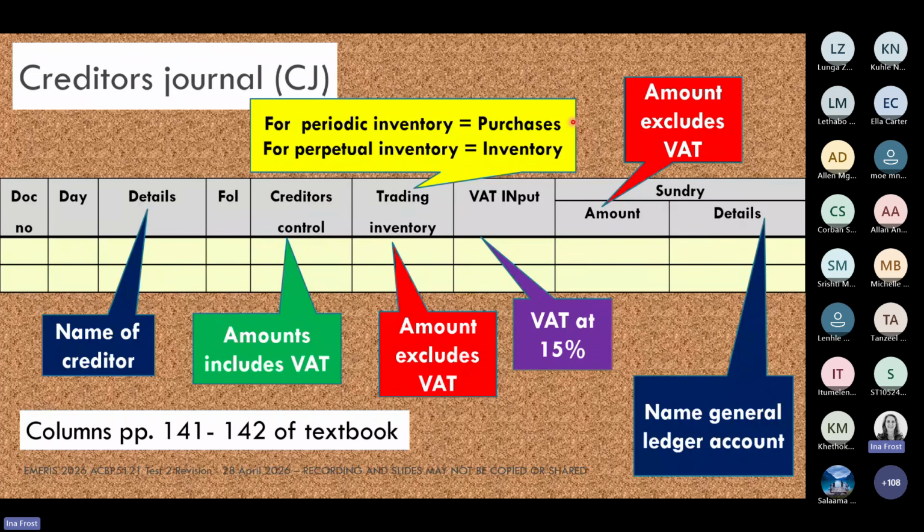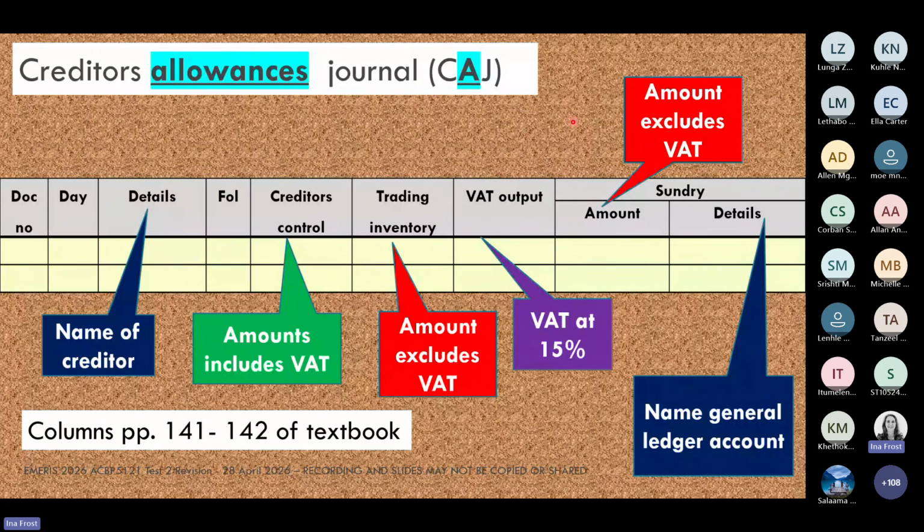So here in this journal, we record when we buy something on credit, but we could potentially return or send back to the supplier something that we have bought on credit and that we're not entirely happy with. And when we return these items to the supplier, we're going to record that in the creditor's allowances journal.